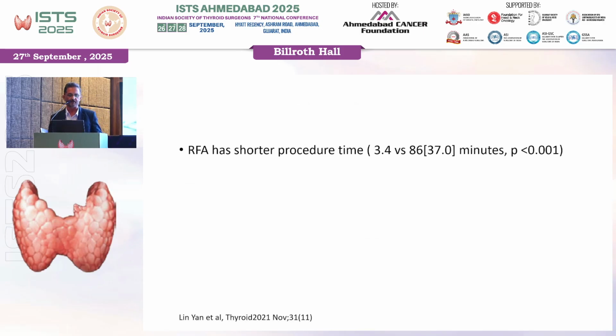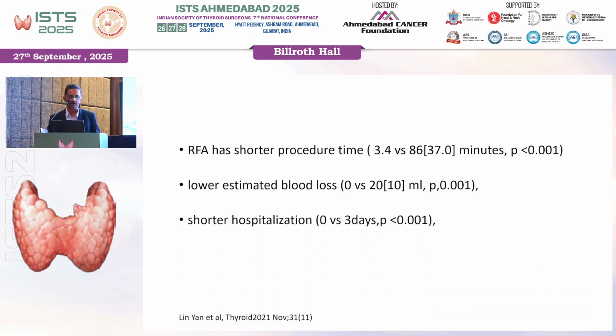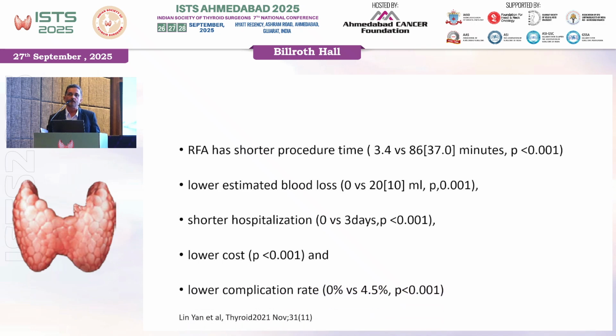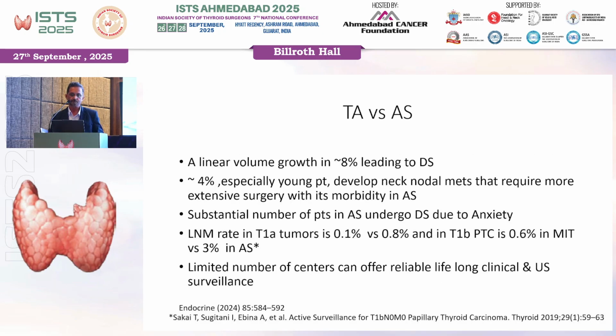So where was the difference? RFA has a shorter procedure time compared to surgery. It has lower estimated blood loss, shorter hospitalization, lower cost, and of course a lower complication rate, as reported in the literature by scientists with a large number of patients.